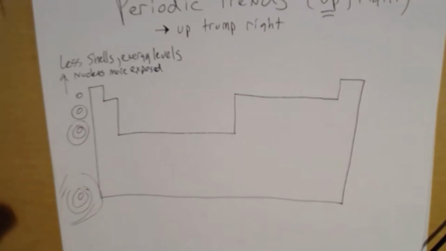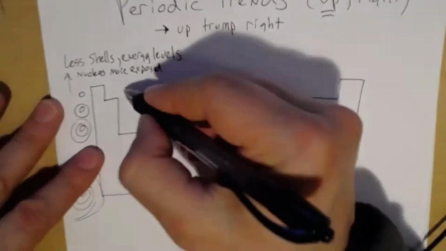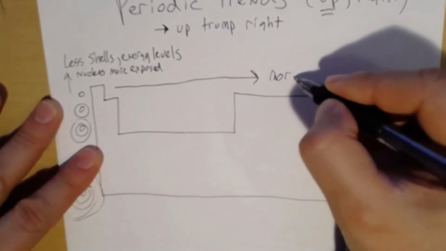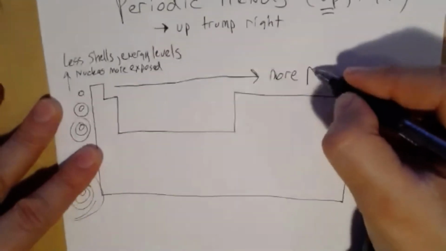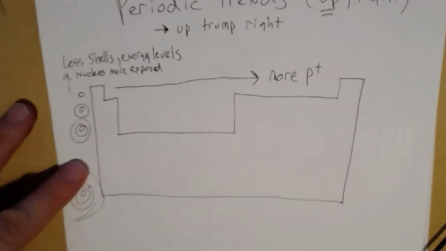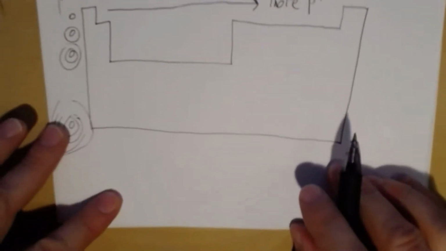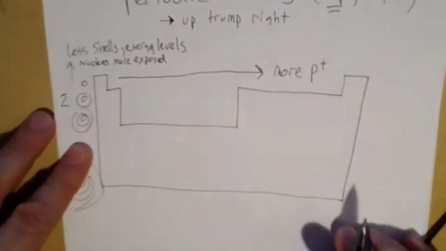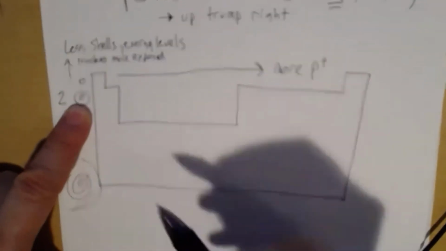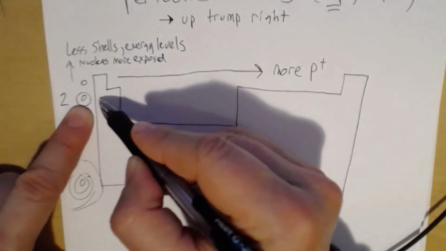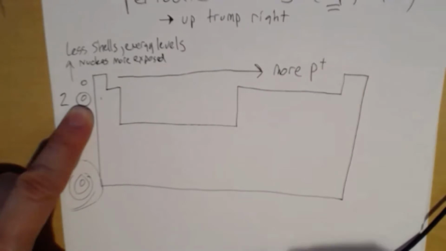All right? So what happens as I go to the right? As I go to the right, I get more protons. What's going to happen when I have more proton pluses? Let me show it down here. Let's just imagine this is the second period. I have two shells, and the first element in the second period would be lithium, right?